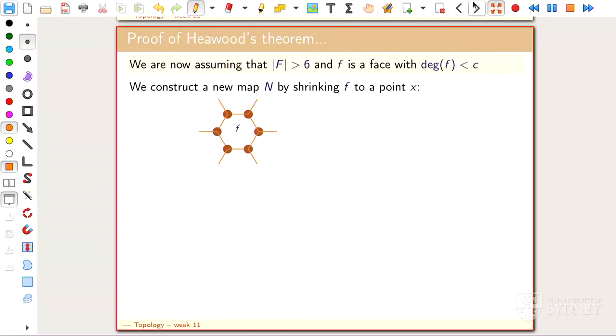You can take it and shrink it to a point. Just take the face, shrink it to a point. Bash, it's gone. Now we have a map that looks a little bit different. Your country is just shrunken to a point. That's what war usually does. So your country is shrunken to a point. Very good. So you have another map with fewer countries, because one of them has just disappeared.